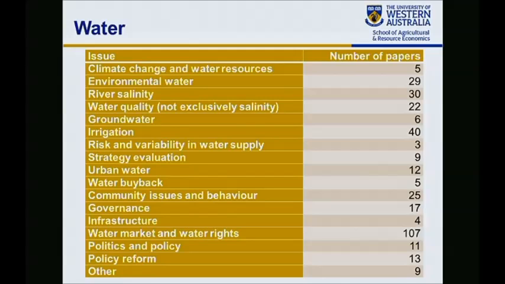I'll talk about a couple of the really big ones in a minute. There are a few minor ones: risk and variability in water supply, a little bit on urban water, fair emphasis on community issues and so on. But the really big one was water markets, and there's quite a bit of emphasis on environmental aspects of water too, which I'll talk about.